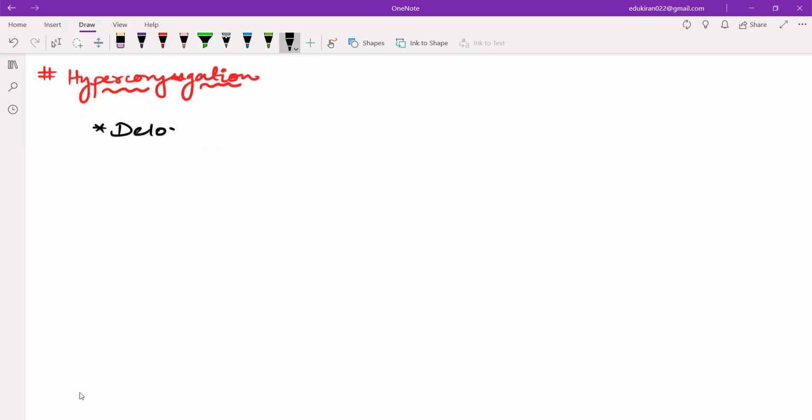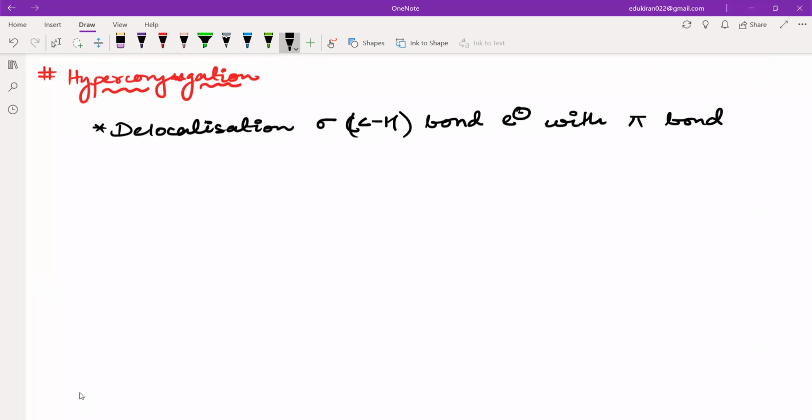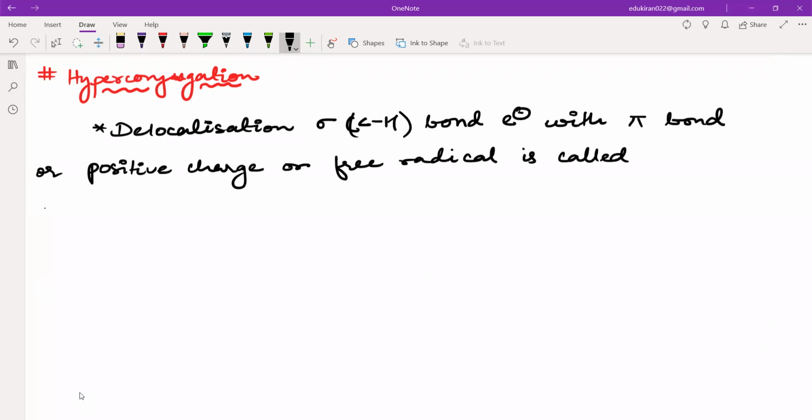This is the delocalization of sigma CH bond electrons with a pi bond or positive charge or free radical. This is called hyperconjugation.